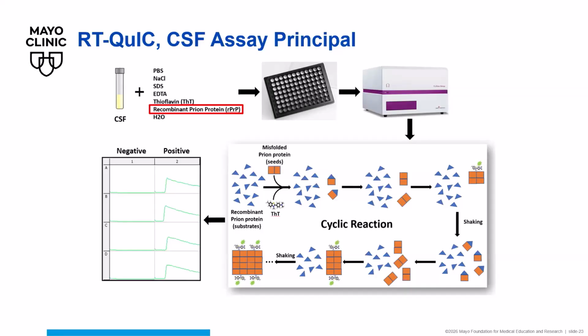Then you mix the patient sample along with the protein in this buffer and put it into a 96-well plate.